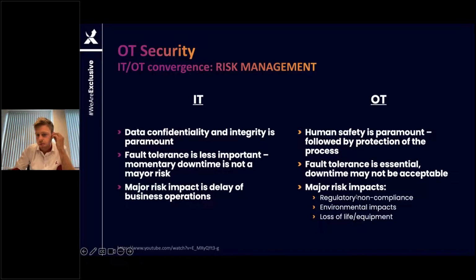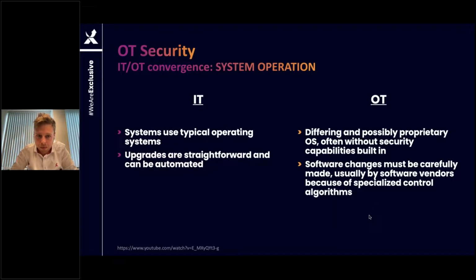And the major risks, well, besides non-compliance or environmental impacts, maybe a valve has been opened, which pours oil into nature, I don't know, or maybe your systems go down because you blow up a nuclear power plant, for example.